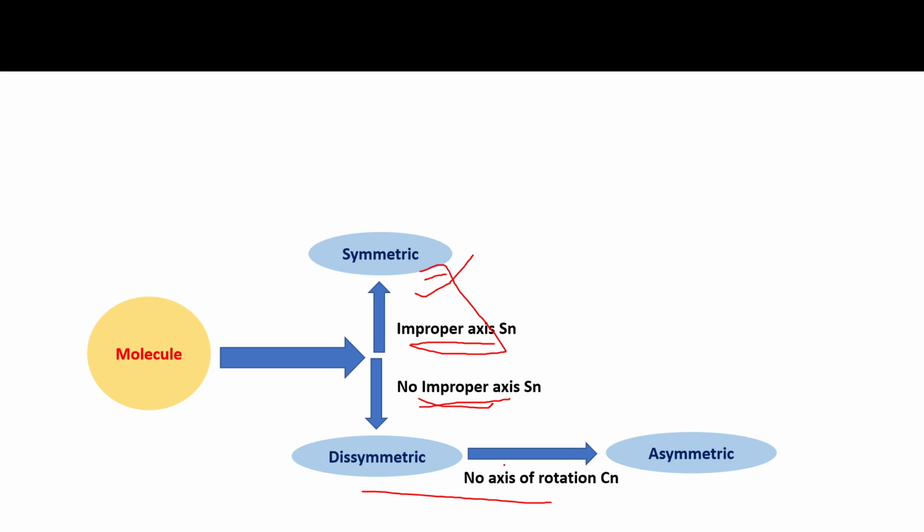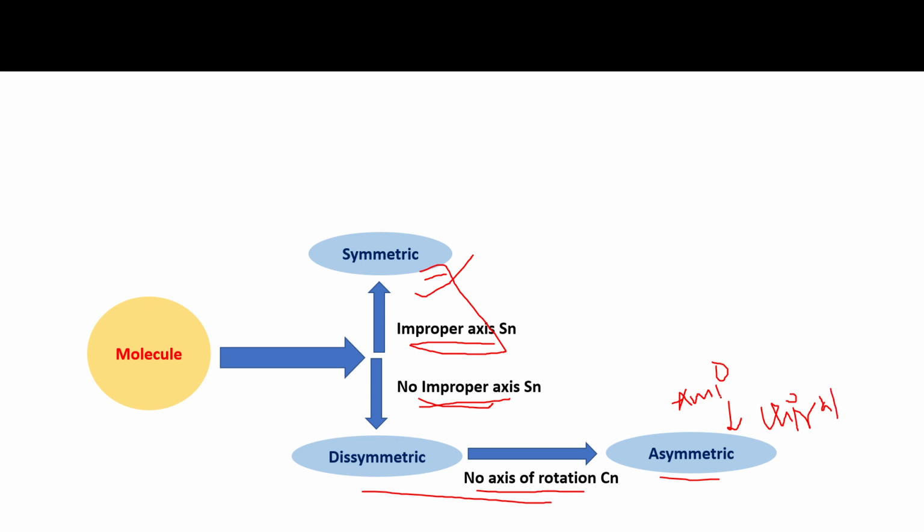And for the dissymmetric molecule, if there is no axis of rotation, then that molecule will be an asymmetric molecule, like any amino acid, which is an asymmetric molecule and also a chiral molecule. So chiral molecules are asymmetric.